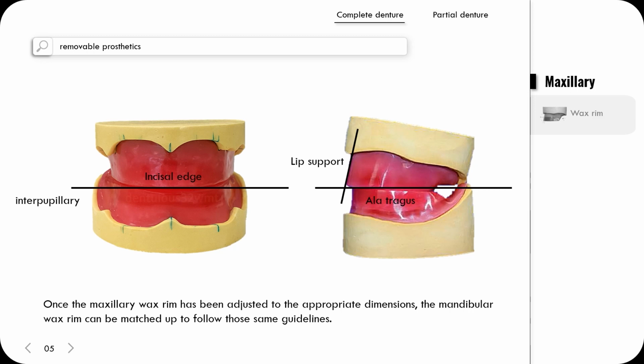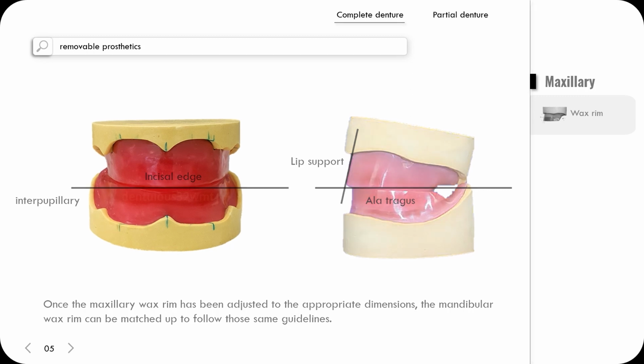And then with the lip support and the position of the maxillary anterior teeth, we know that those mandibular anterior teeth are set just a little bit lingual to the position of the upper central incisors. So the premise here is that once we have the main parameters of the upper rim squared away, the lower rim can be made to pretty much match up to what we've already established.